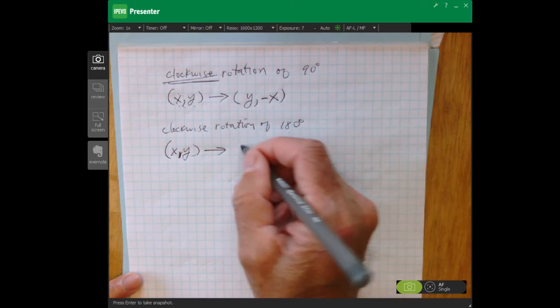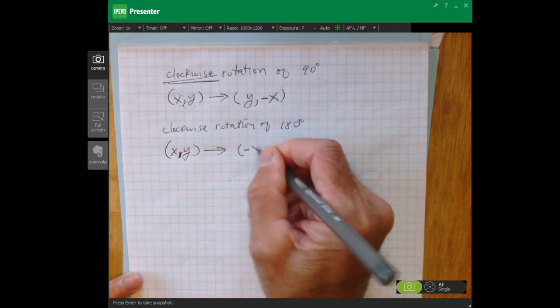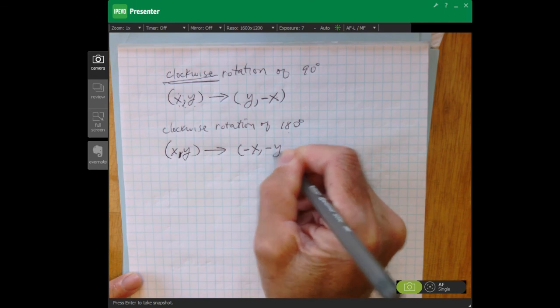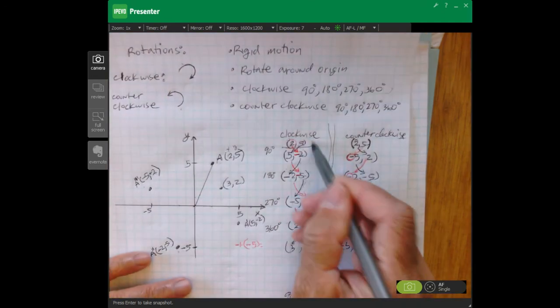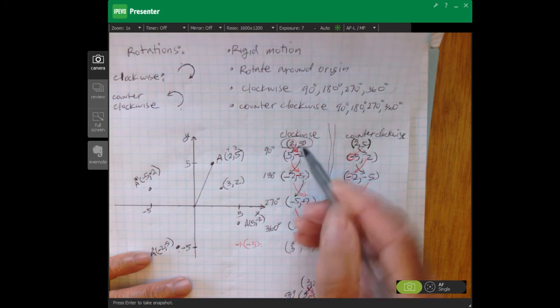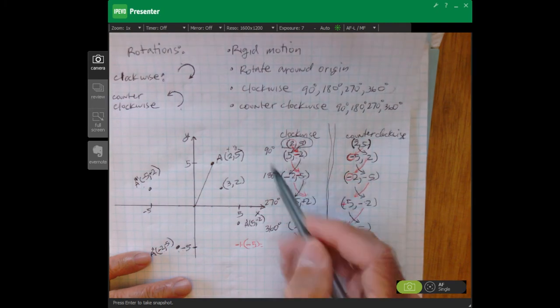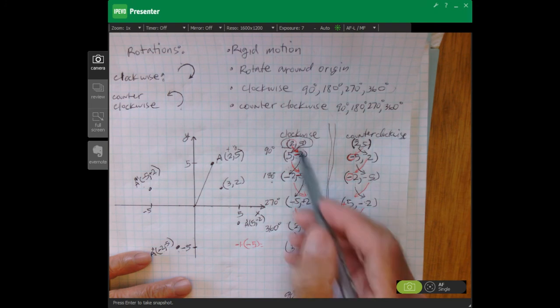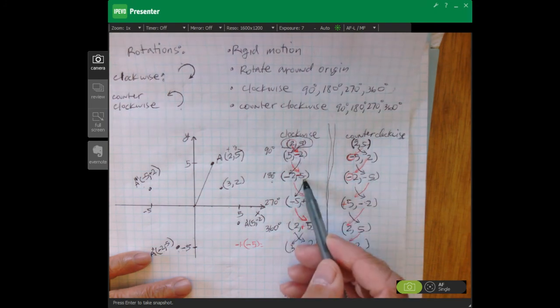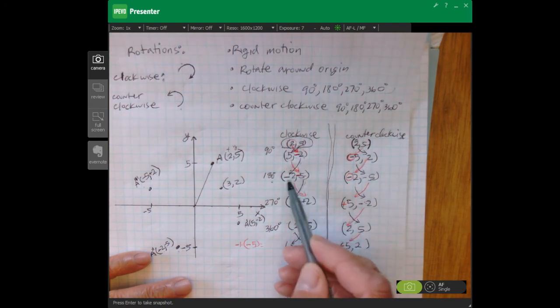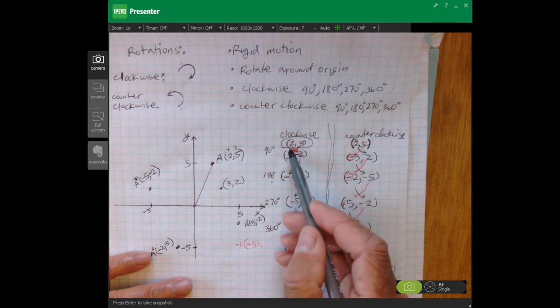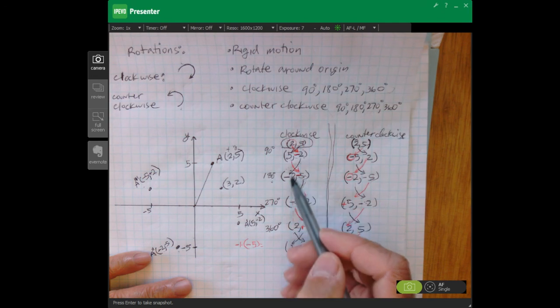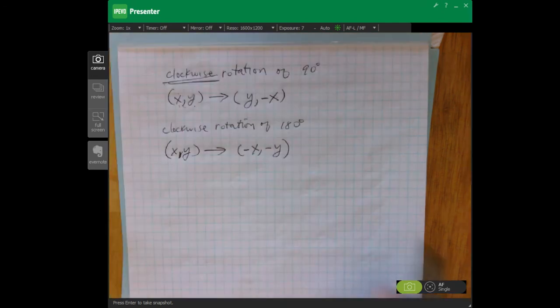So this will become negative x, negative y. So if we go back here, notice we started out as 2, 5. 90 was 5, negative 2, but the one we're on now is 180. So 2, 5, 2, 5, if you look at just the absolute values. But both of the signs are different. So it went from positive 2, positive 5 to negative 2, negative 5.